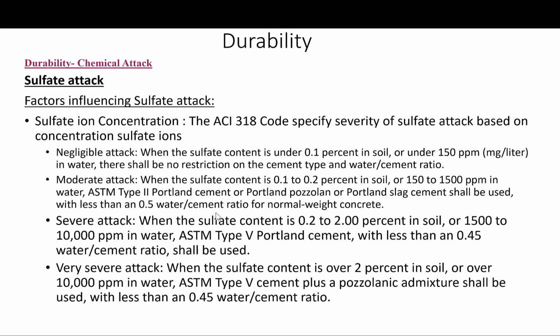Then ASTM Type 5 cement plus a pozzolanic admixture shall be used, and water cement ratio shall be less than 0.45. Okay, so these are the precautions that need to be taken to mitigate or combat the sulfate concentration in the soil or in the groundwater.